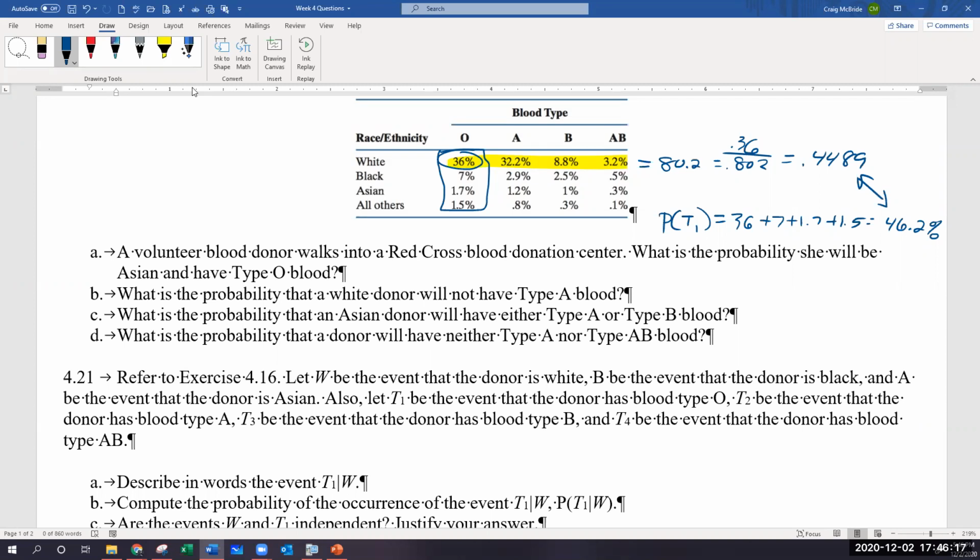Because the probability of T1 including W would be 36.36. Very good. And if they were mutually exclusive, that probability would have to be 0. Yes, exactly. I have no idea what I just said.